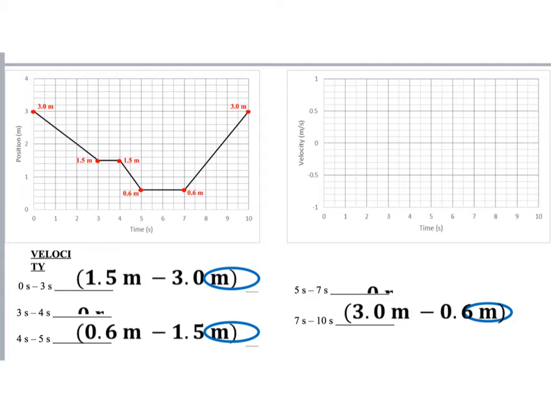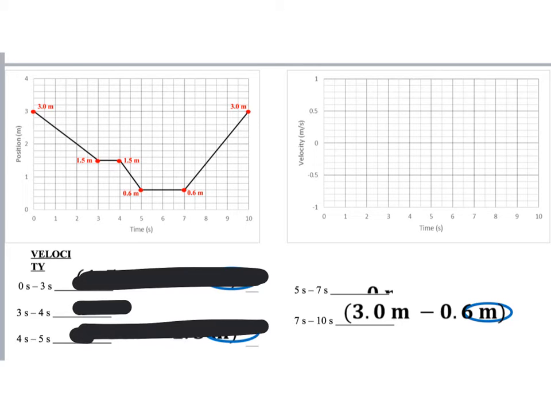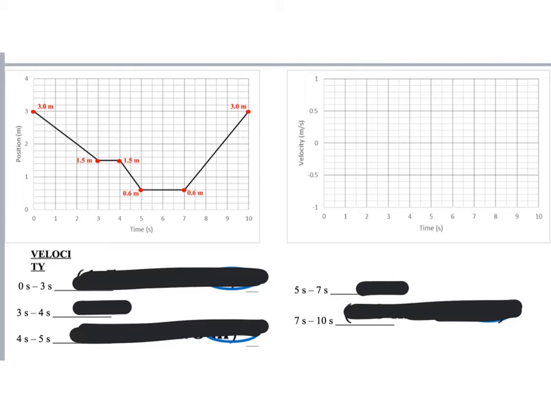We've got one more piece of line here. And this time, the slope is positive because the line is going up and to the right. So this process is exactly the same. We take where did we end, subtract where did we start, that gives us our displacement, and then divide that by the time.